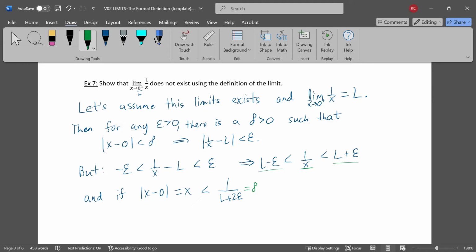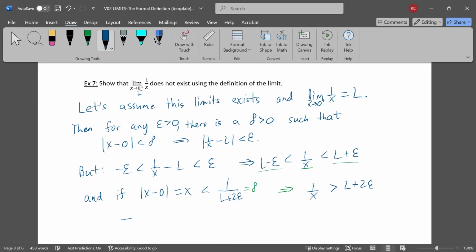So why did I pick 1 over L plus 2 epsilon? Well, because when I take the reciprocal, I want 1 over x to be bigger than L plus epsilon. Hopefully that makes sense. So in other words, since x is less than 1 over L plus 2 epsilon, that means that 1 over x is greater than L plus 2 epsilon, because when you take a reciprocal on an inequality, you flip that inequality around.